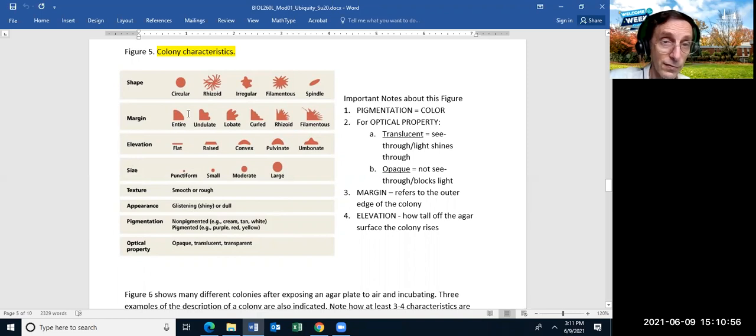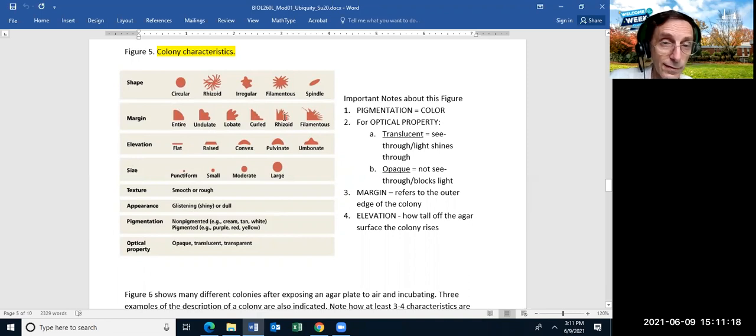You can talk about the shape of the colony, whether it's circular, rhizoid, irregular, etc. You can talk about the margin. By margin, we mean the edge of the colony. So this is an entire margin. This is an undulate, a lobate, a curled, a rhizoid.